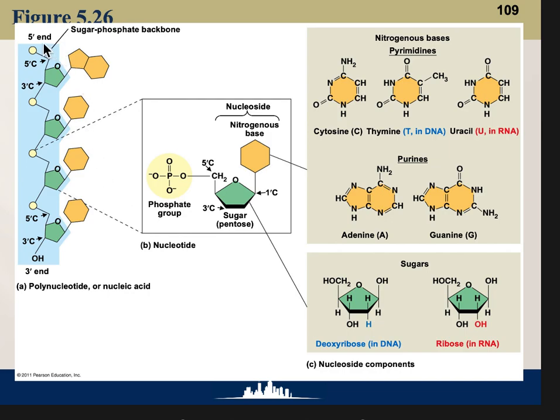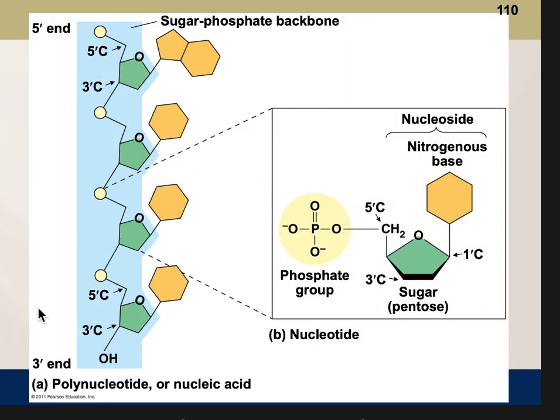A couple of other things about this sugar phosphate backbone: we have a phosphate on the 5' end, and over here we have this OH on the 3' end. The primes refer to the carbons, but we will also use them to help us understand the orientation of our strand so we can understand what bonding will look like. So here's that picture, maybe a little clearer for you to see.